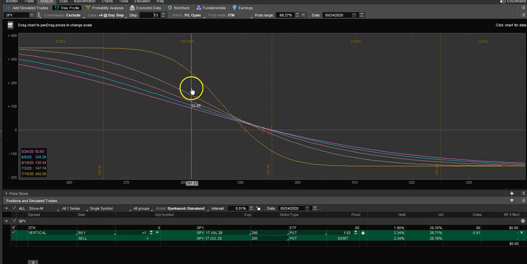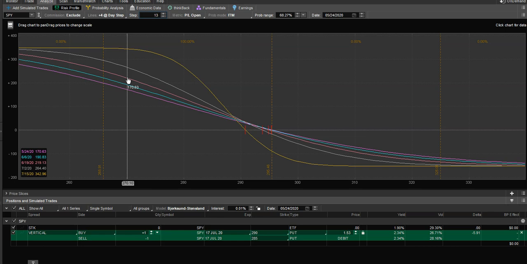And now let's say all of a sudden we hold it longer. There's a big flush in the market and we're back at 270 by the middle of June. June 19th is $219. That's over 100% risk reward on the trade, so we could say, hey, let's take our profit.